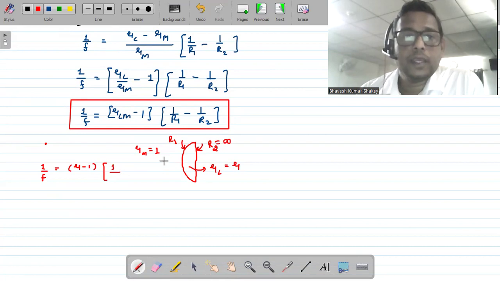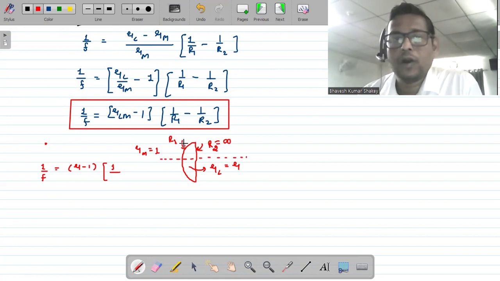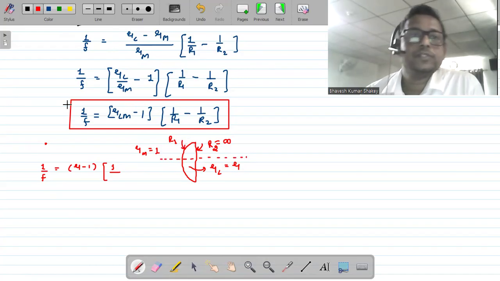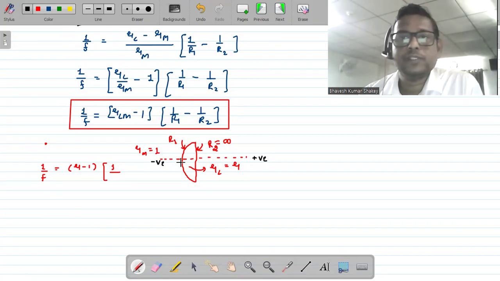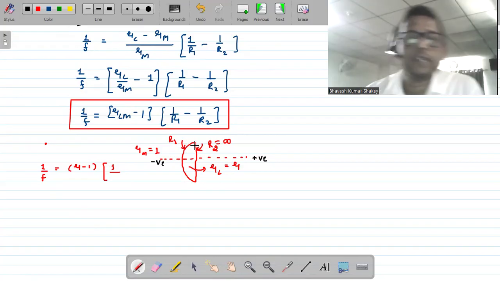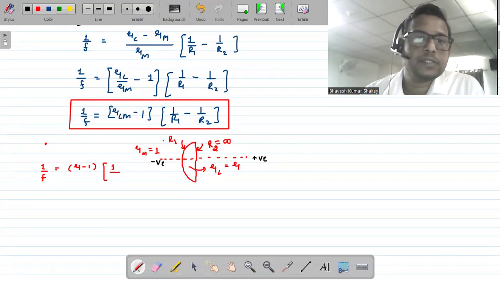Here also learn about the sign convention for this radius of curvature. This direction we take as positive, and this direction as negative. Wherever the mouth of the spherical surface is open, just for remembering, let's say this mouth is opening towards the positive axis. Because it opens towards the positive axis, we take this radius as plus r.